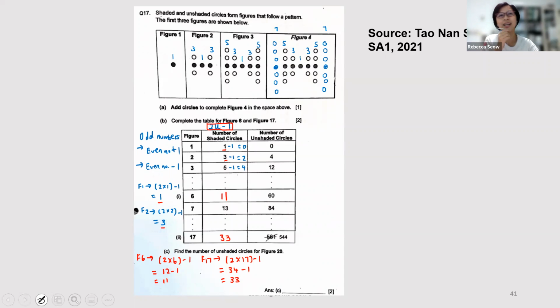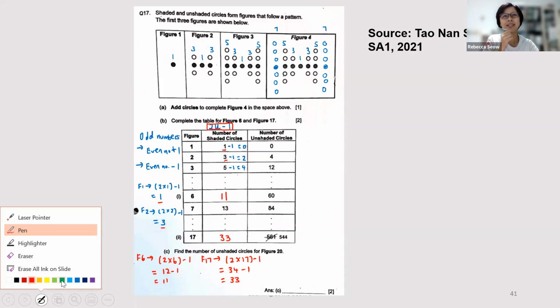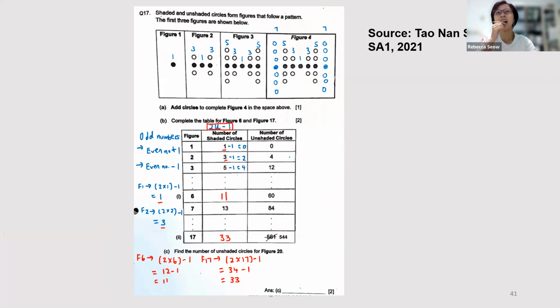Now let's take a look at part C. Part C is rather challenging. So we see that the number of unshaded circles starts with 0, moving on to 4, 12, and there is a big gap, and moving on, it'll be 60, and then 84, followed by 544.